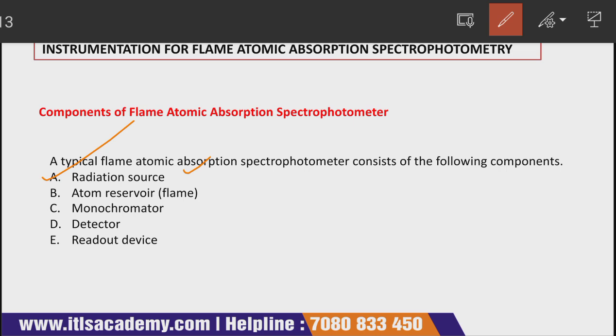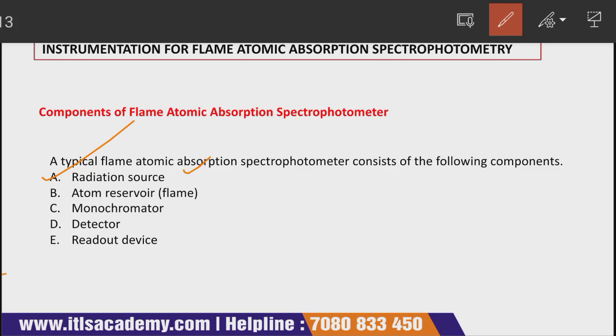Because there are different wavelengths. What does the monochromator do? The name suggests mono means one, so the monochromator helps to separate the wavelength of the emitted radiation. A monochromator is further adjusted with the help of computer software.